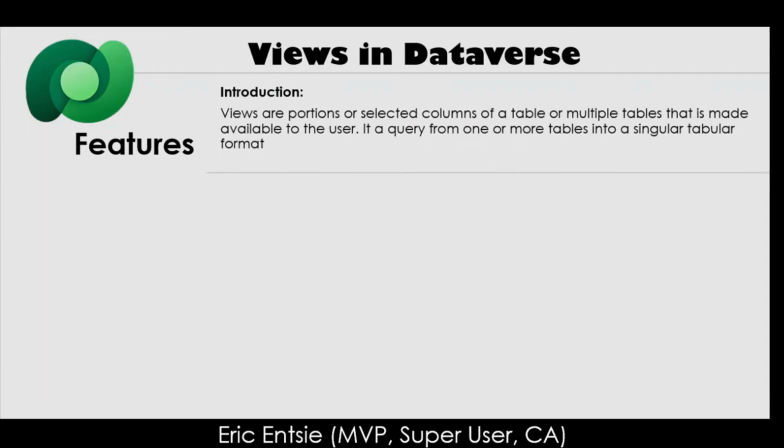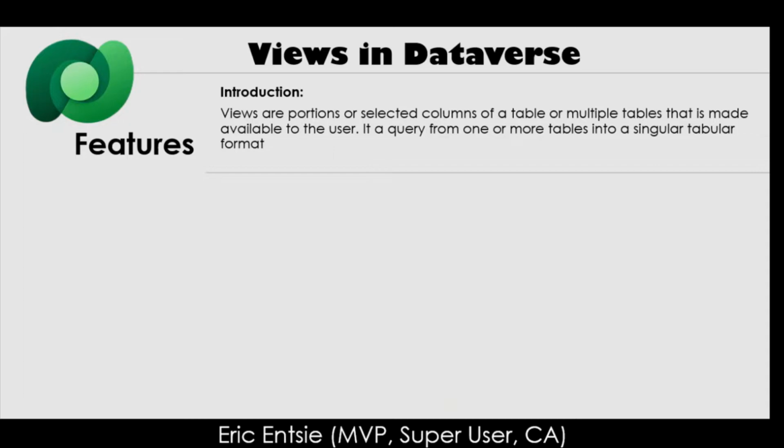Now, views are just portions of a table. A table is the main thing used in the database for you to store the various entries or records that the user has typed.